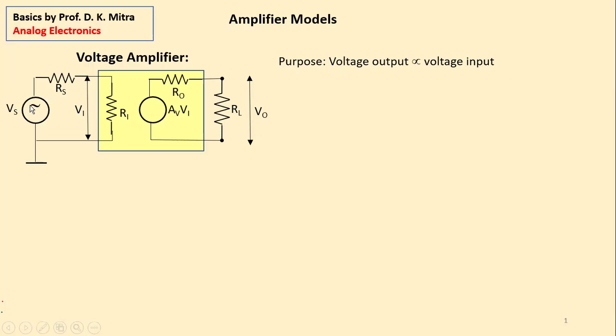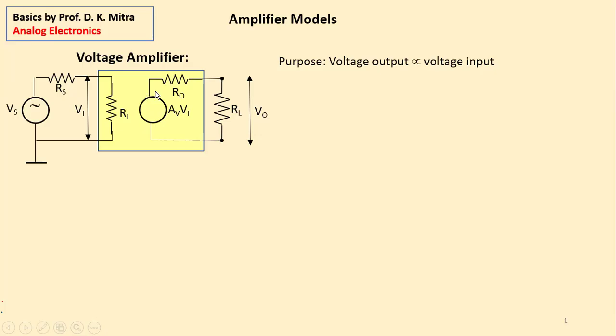For you, voltage input is a source, and the source also has a resistance in series. This is the property of any voltage source, and this series resistance of voltage sources is normally very, very small.